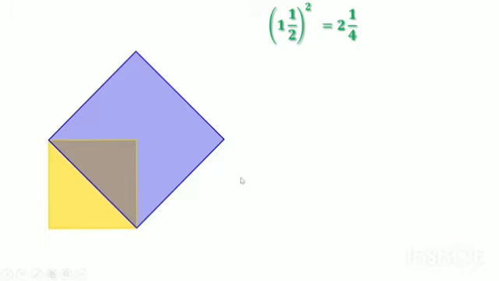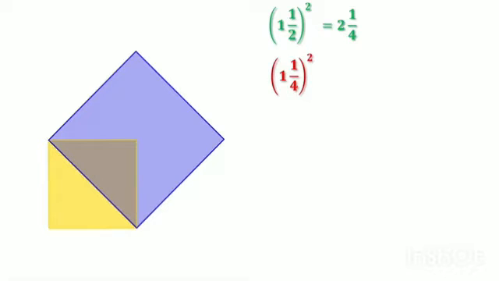Now let us take 1 1 by 4 and check. If the side of this square is 1 1 by 4, its square must be equal to 2. What is the square of 1 1 by 4? 1 1 by 4 means 1 plus 1 by 4. We know (a plus b) whole squared is a squared plus 2ab plus b squared.